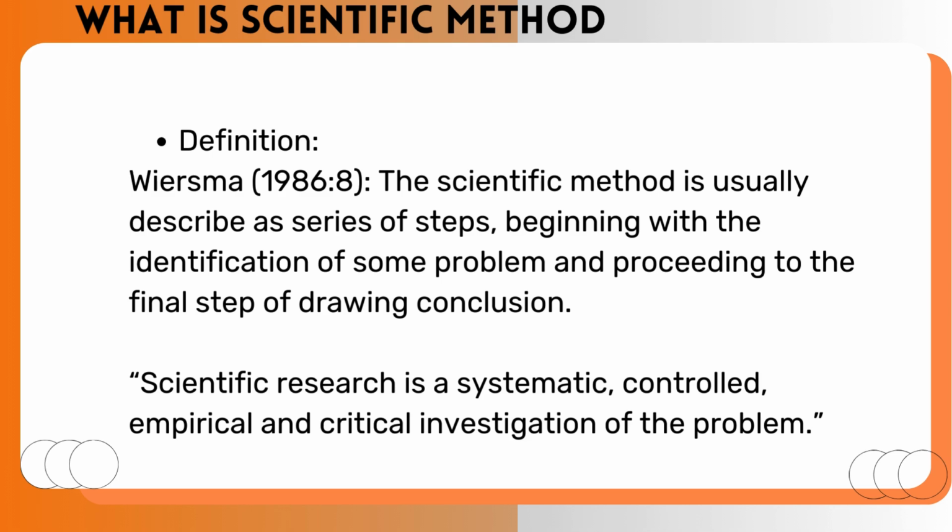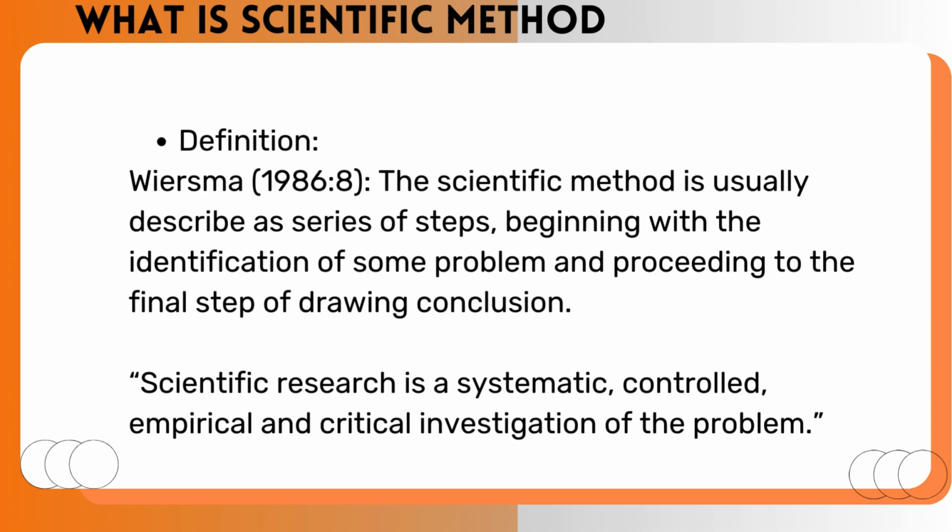Scientific research is a systematic, controlled, empirical and critical investigation of the problem. This is by unknown author, so I couldn't find, but this is an important definition. This states that scientific research means studying something in an organized and careful way.